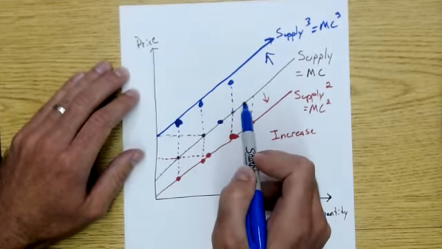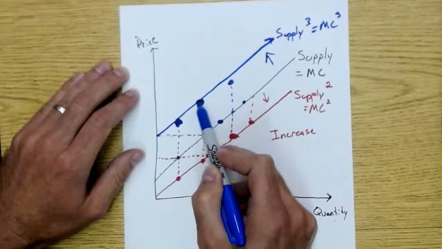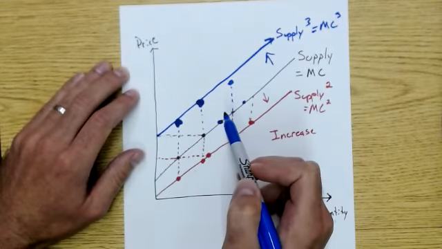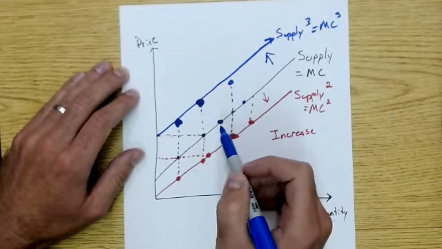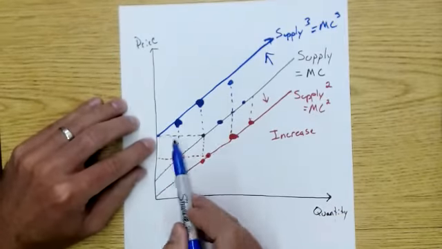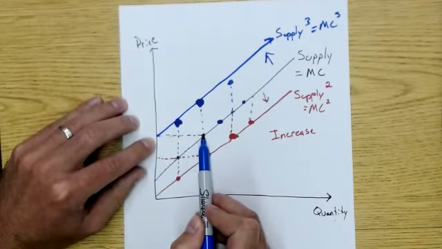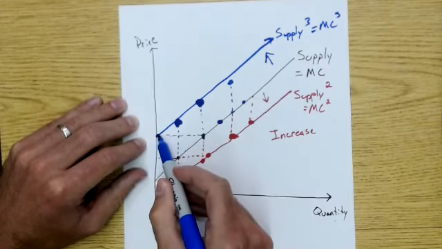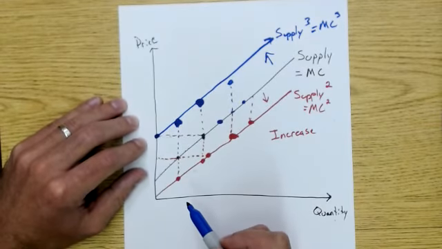If we start with our original price, after marginal costs have increased, I'd actually supply nothing to the market at that price.